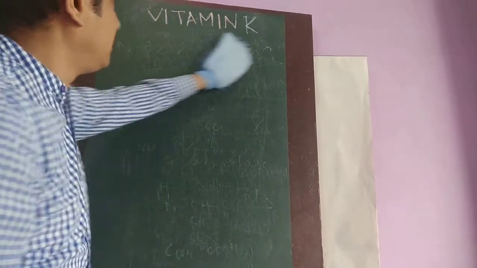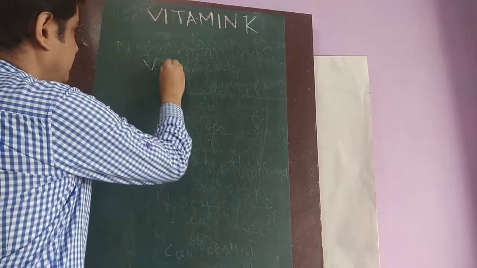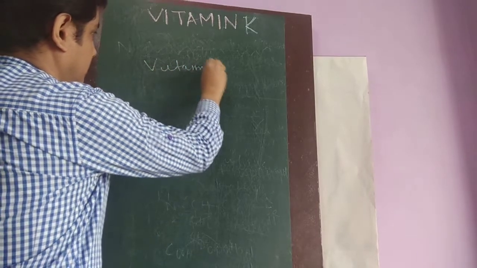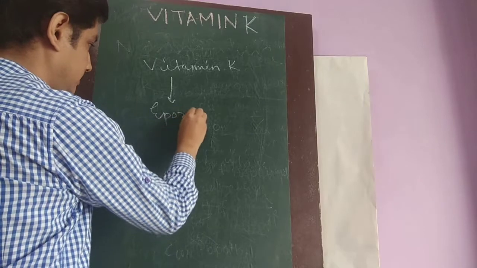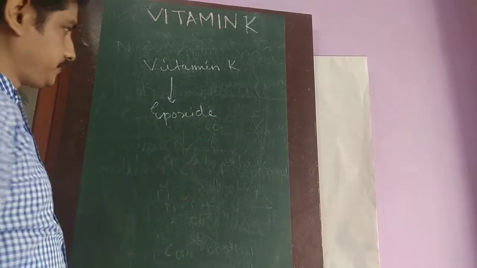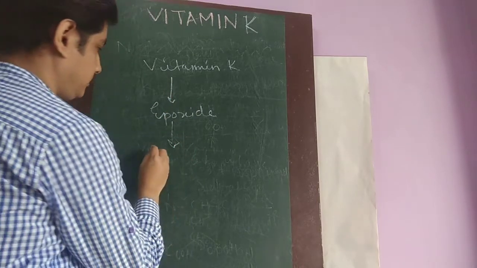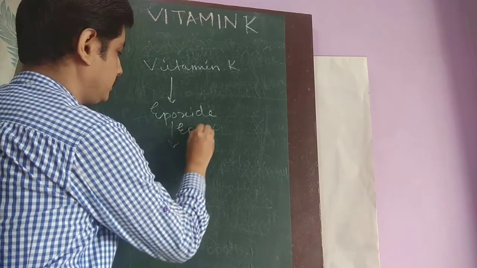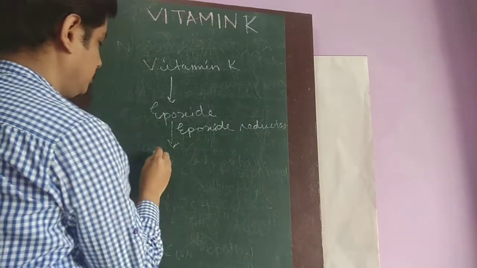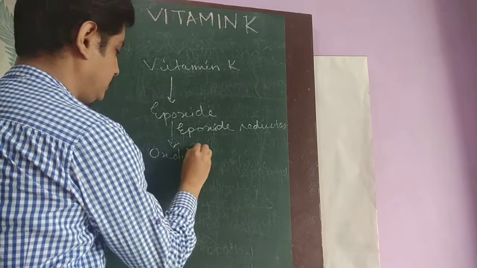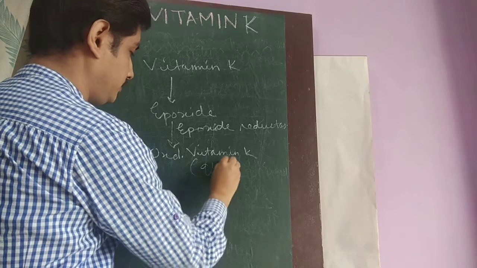Now, while helping the carboxylase enzyme, vitamin K is oxidized to an epoxide. This epoxide is again reduced by epoxide reductase to form the oxidized vitamin K. This is in the quinone form.